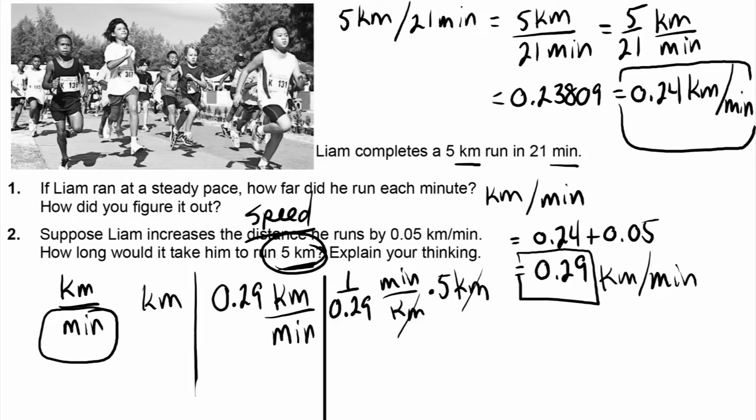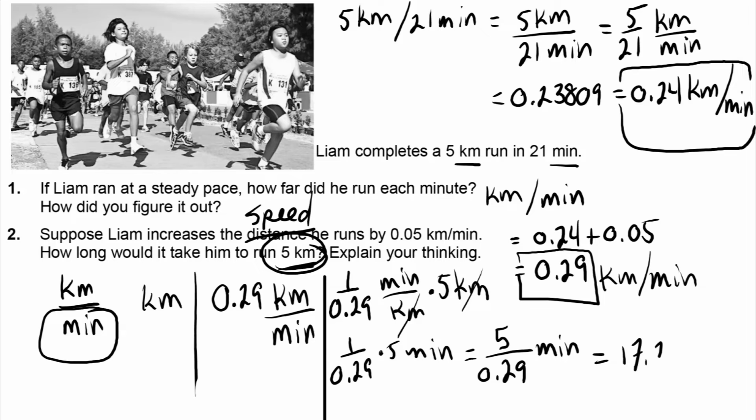The kilometers cancel, so I just end up with minutes left over. So I'll have 1 over 0.29 times 5 minutes. Another way of looking at that is 5 over 0.29 minutes, which on the calculator is 17.24 minutes.